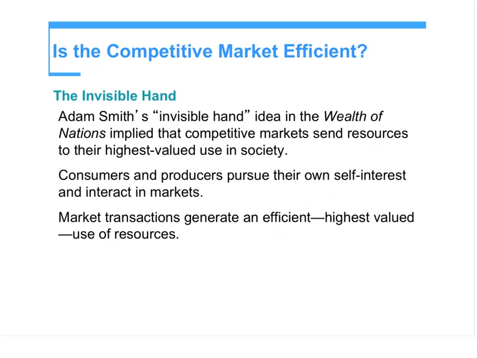So basically, according to Adam Smith in his book The Wealth of Nations, the invisible hand is in action, and it sends resources to the highest value use. Market transactions generate an efficient, highest value use of resources.